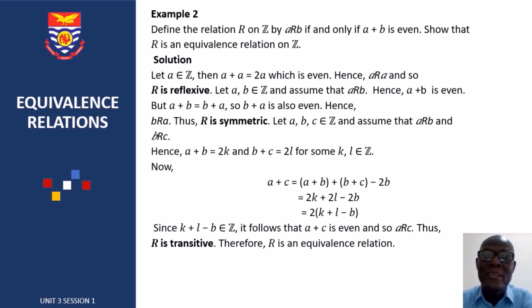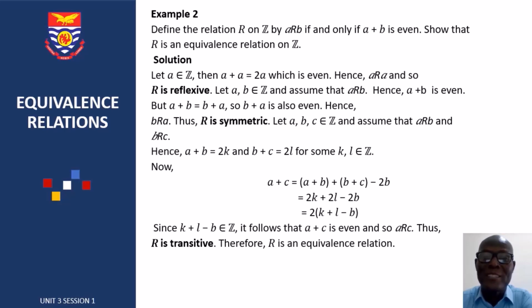And it is even because since A is an integer, multiplying it by 2 gives an even integer. Now, A is related to itself, so we can conclude that the relation R is reflexive.